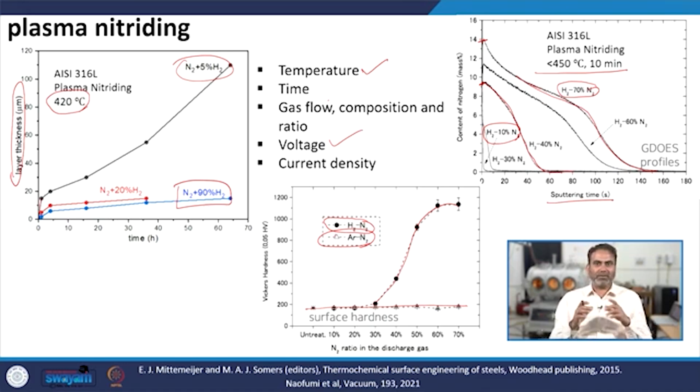That depends on your plasma generating parameters, where you have a certain voltage, or maybe a pulse or a duty cycle. Those control the amount of gas that is ionized. Those things are also important, and the current density tells in principle about the extent of ionization.